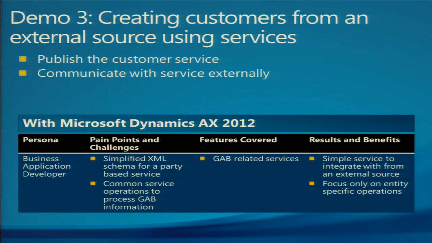So, the key takeaways here that we address are simplifying the XML schema for party-based services, and also providing a common abstraction so that at the end of the day, developers can focus more on entity-specific operations, and also there's a simplified integration with external sources.